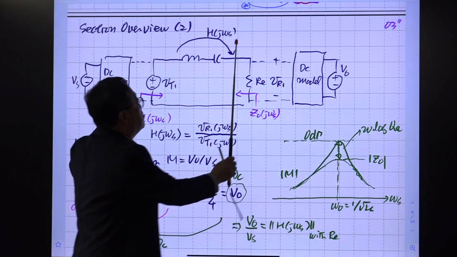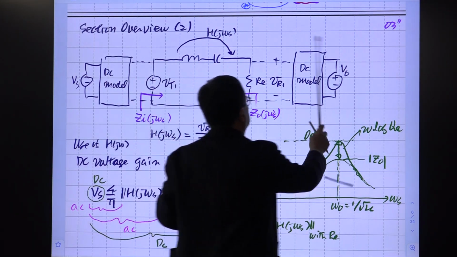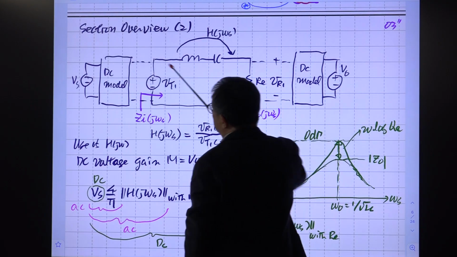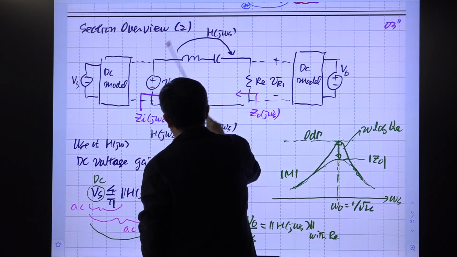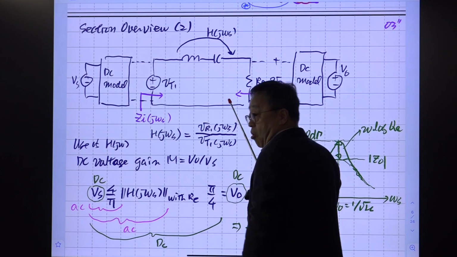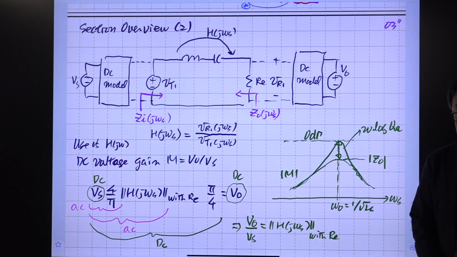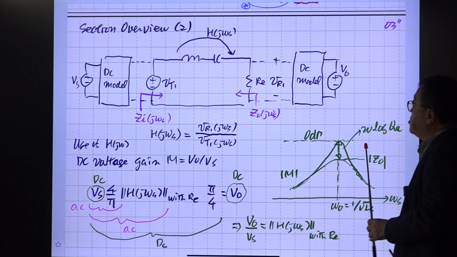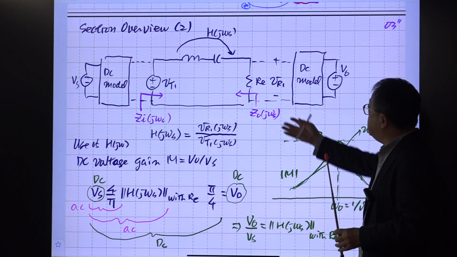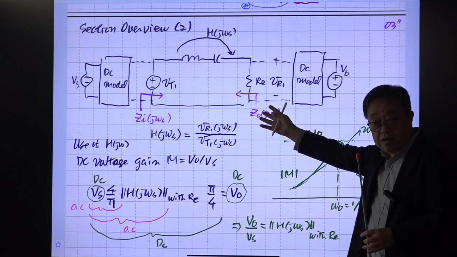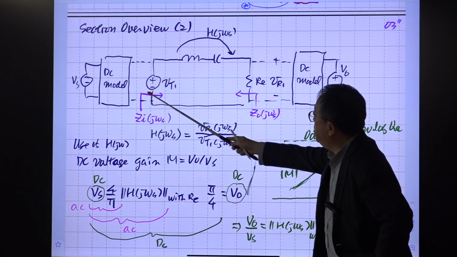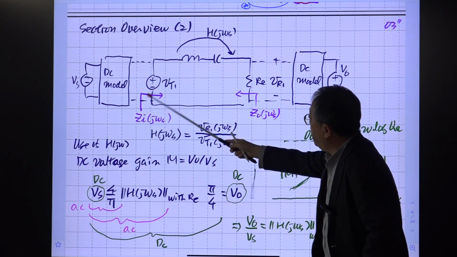Then we conceptually separate this. This is the DC representation, and this is the AC representation at the fundamental frequency of the switching frequency. Then what you want to do is AC analysis. This is an extremely simple AC circuit, right? This is the input impedance of the tank, seen by the input port.